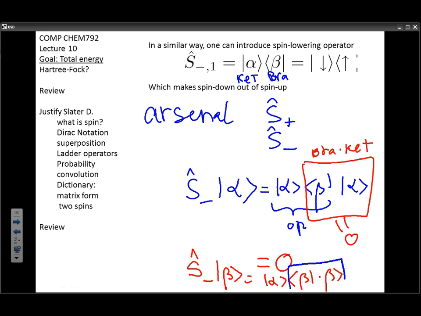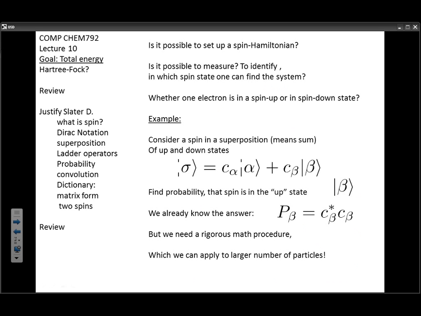So we are repartitioning it as bracket, and here beta times beta, the vectors coincide, so it gives 1. 1 times alpha, alpha gives alpha. So we have already done half of your homework. Okay.